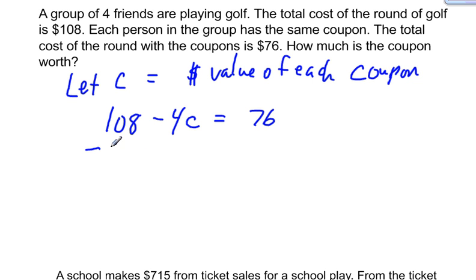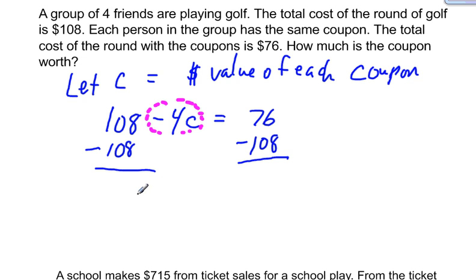So we're going to isolate this term. Now when we isolate this term, we can't just pretend this negative doesn't exist, so that's going to come down for the ride. So 76 minus 108 is negative 32, right?